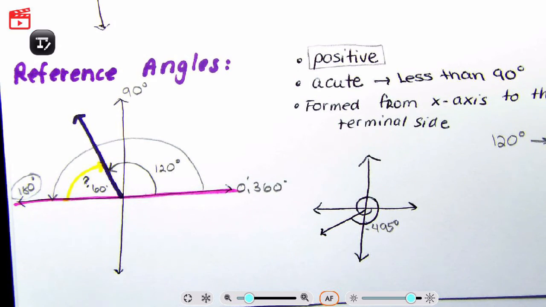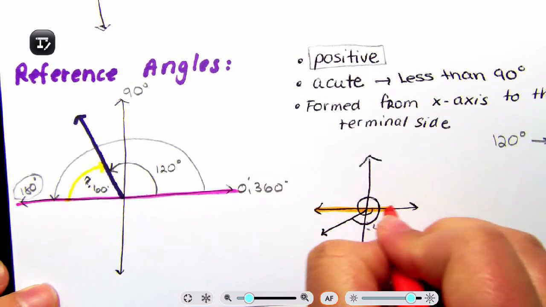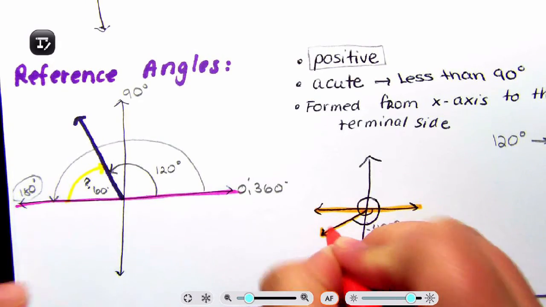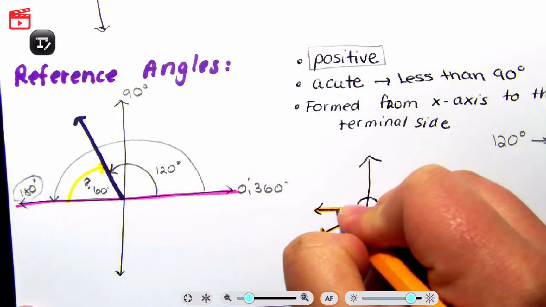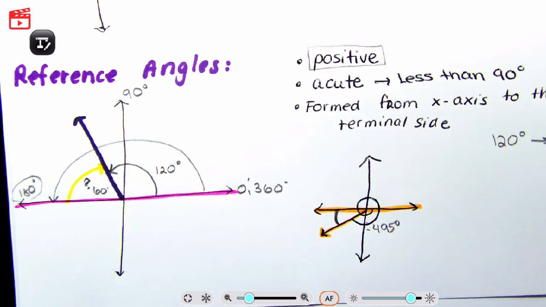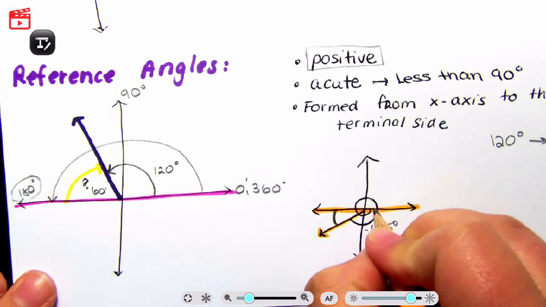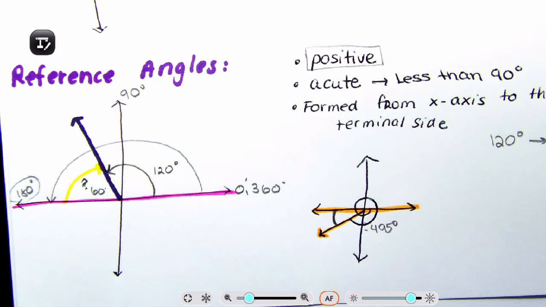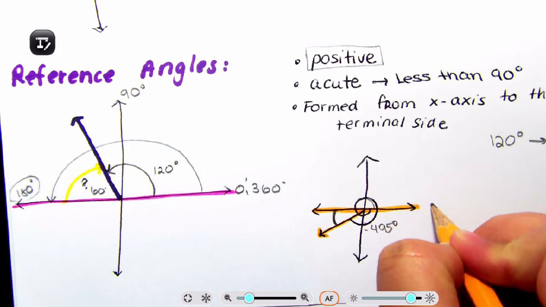We need a positive, less than 90 angle formed from the x-axis to the terminal ray. Here's my x-axis, here is my terminal ray. So we need to know what this angle is. We know one full rotation is 360 degrees. So if I've gone 360 degrees, I also need to go 135 degrees more.